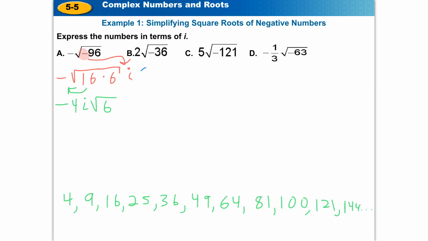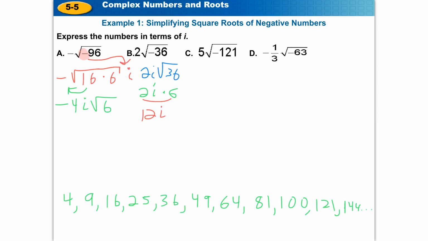B, we're going to have 2, this right here, the negative is going to become i, and then the square root of 36 is going to be 6, so we'll have 2i times 6, and then I can multiply the 2 and the 6. 2 times 6 is 12, so this one is simplified to 12i.